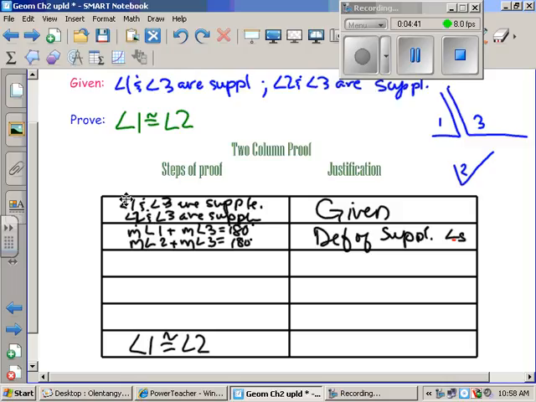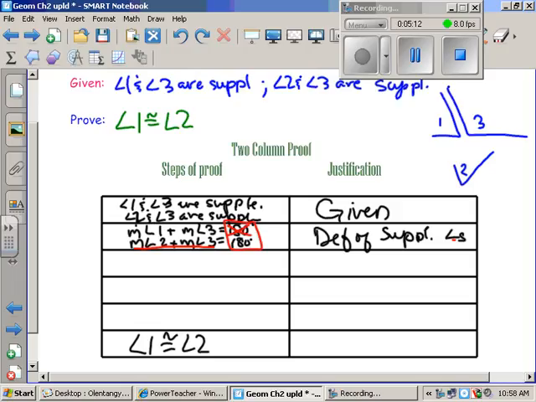So I can take out, if I want to move it over to the right, since these are equal, I can take out this 180 and put this in its place. Does that make sense? Whenever I see two things equal to the same thing, that should send off warning signals in your brain, fireworks, whatever, that, hey, I bet they're going to want me to do some substituting here.